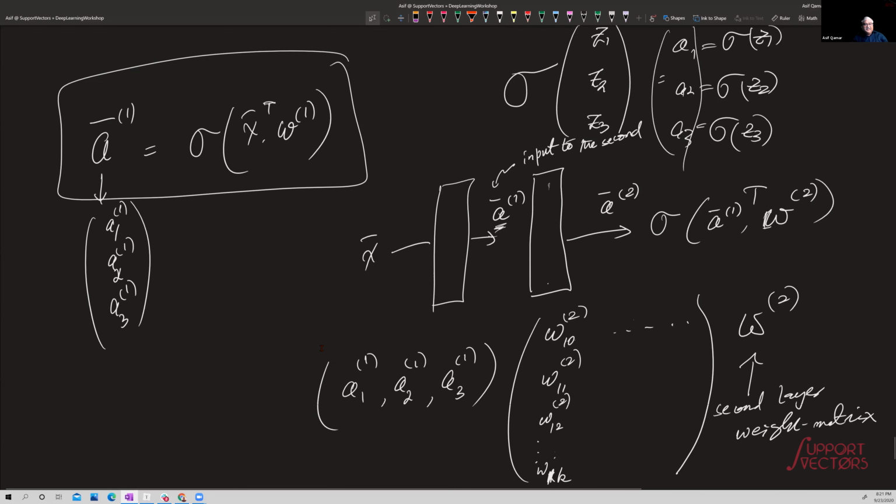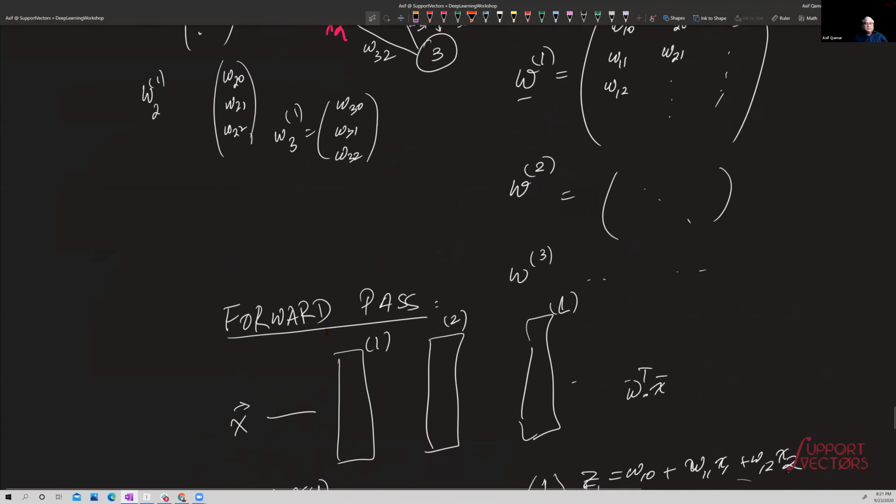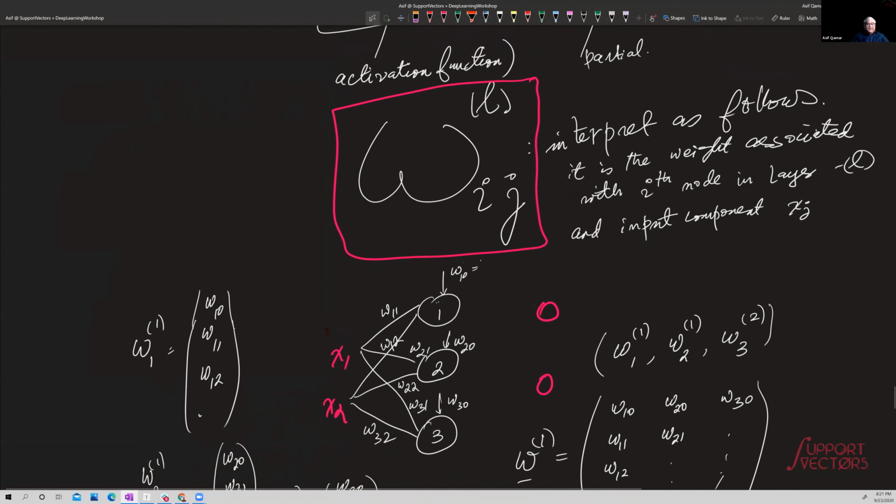If you look at this picture, three activations are coming out from here. This is A1,1, the activation from the first layer; A1,2, from the second node in the first layer; and the activation from the first layer, node 3. Do we agree that these are the three inputs to the second layer?